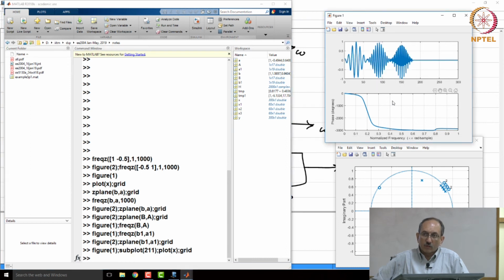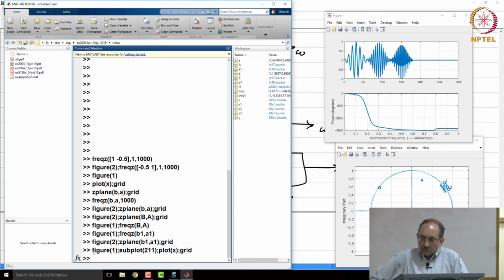So this is what I had shown earlier, the input. Now I am going to form the output Y. I am going to filter it. The system is B1 A1, which is the overall system, which is the cascade of H1 and H2, and the input is X. So this is what the output Y is going to be after filtering it through this system whose pole 0 plot is shown here, and the input X is what is shown in the first subplot.